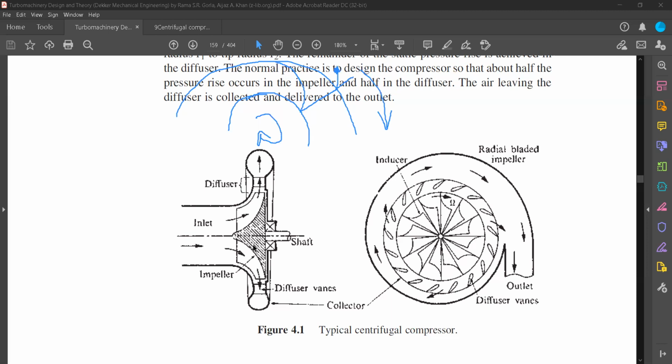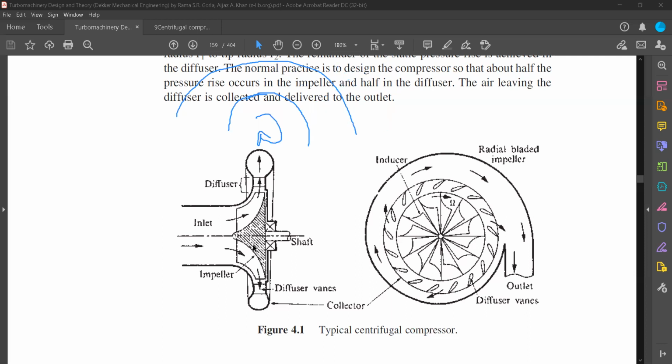In a radial blade, the velocity is exactly radially outwards. So these are radial blades. And in forward-facing blades, the blades are turned in that direction, so the exit velocity will be somewhere in this direction, that is, in the direction of the rotation. In a backward-facing blade, the exit velocity is in the opposite direction to the rotation.